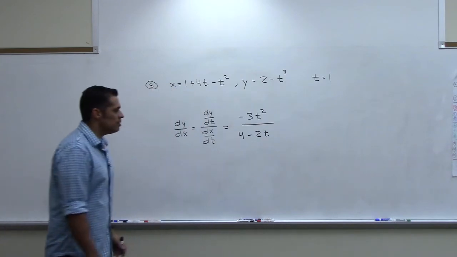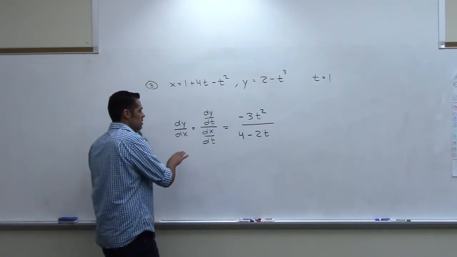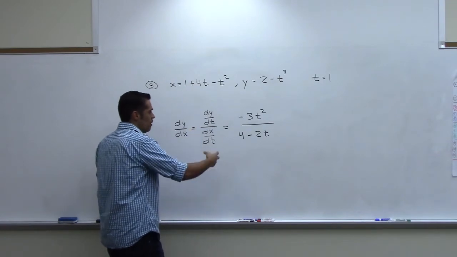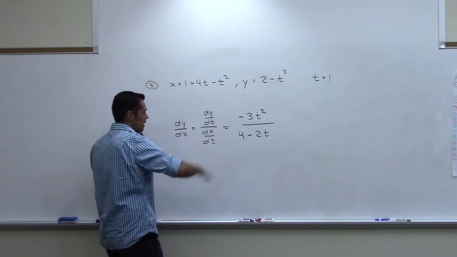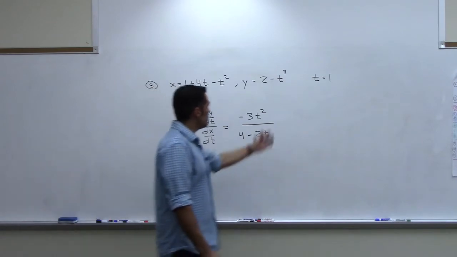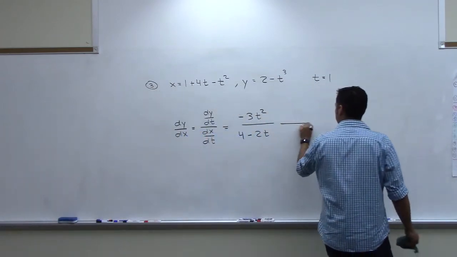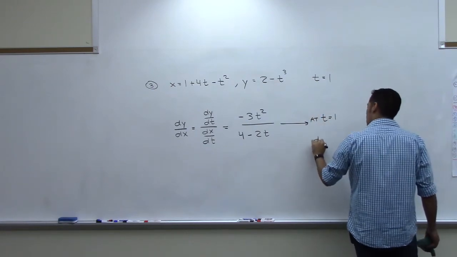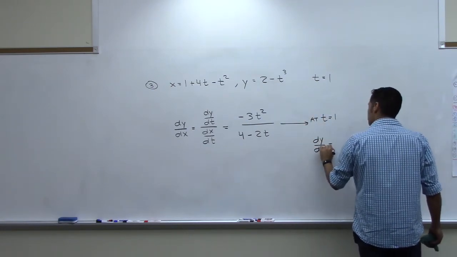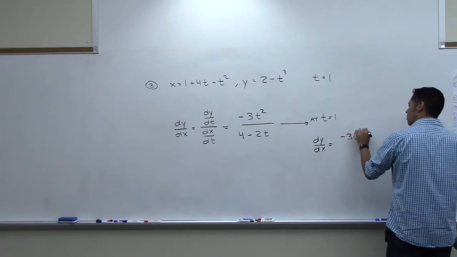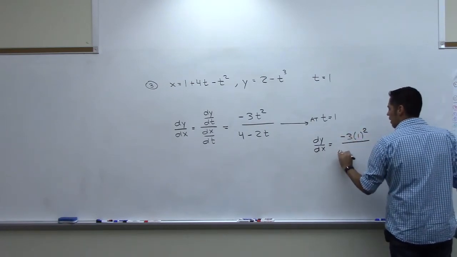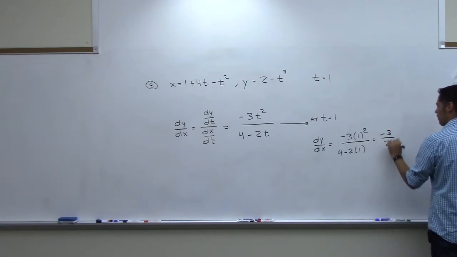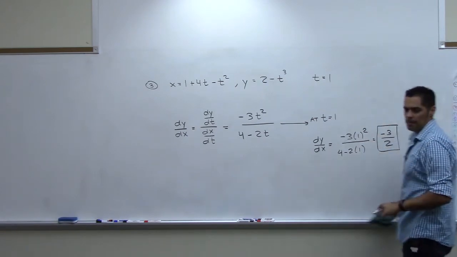So all I need to know in order to figure out the slope of the tangent line is the t value, which corresponds to the point on the curve where I'm trying to find this tangent. So they give us t as 1, so just plug 1 in there. So at t equals 1, dy/dx is equal to negative 3 times 1 squared over 4 minus 2 times 1, negative 3 over 2, negative 3 halves.